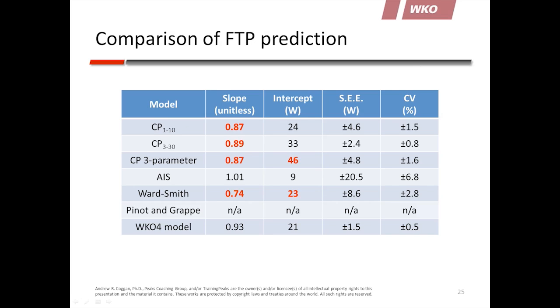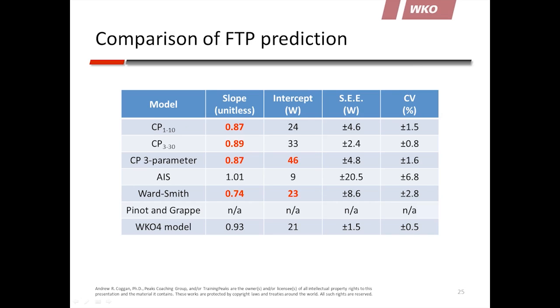The AIS model, as I showed, on average, gets it right, in that neither the slope nor the intercept are different from 1 and 0 respectively, but there's a huge amount of scatter in the data so that you're predicting FTP to plus or minus 20.5 watts, or 6.8%.